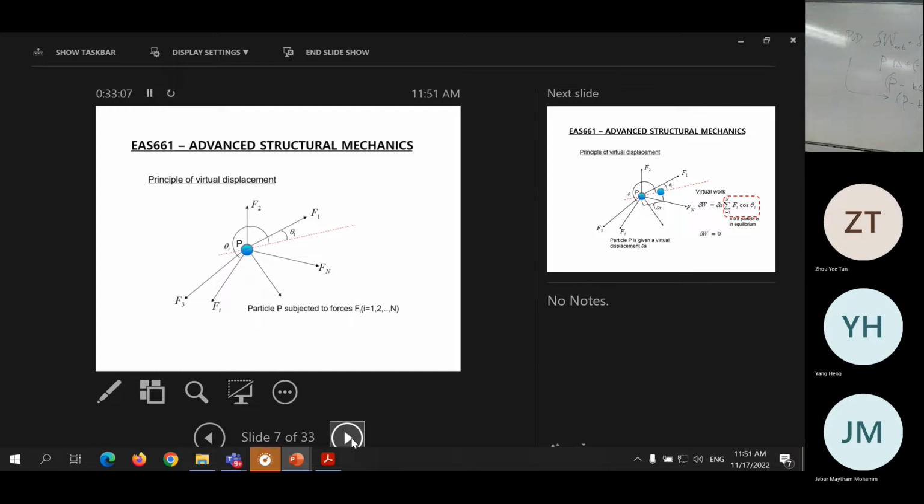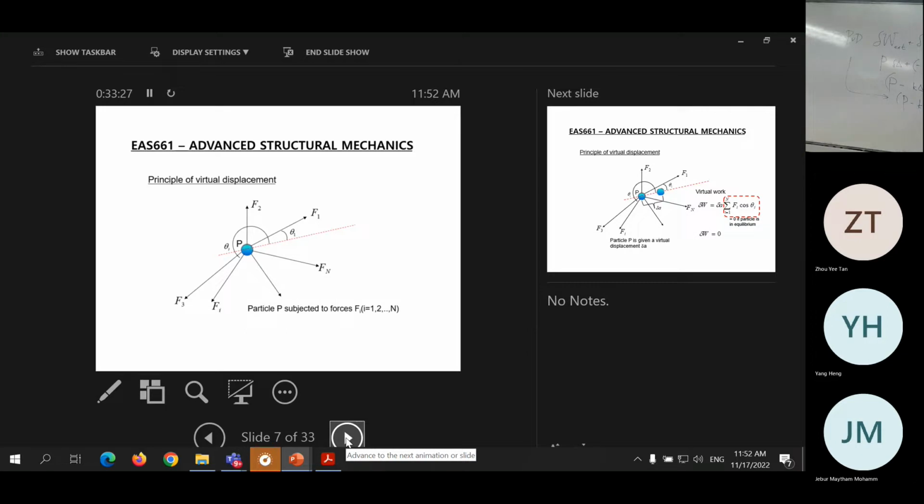So now, the principle of virtual displacement. The idea behind the principle of virtual displacement is that when the system is in equilibrium, you try to disturb it. Here, we disturb it by giving it a virtual displacement.